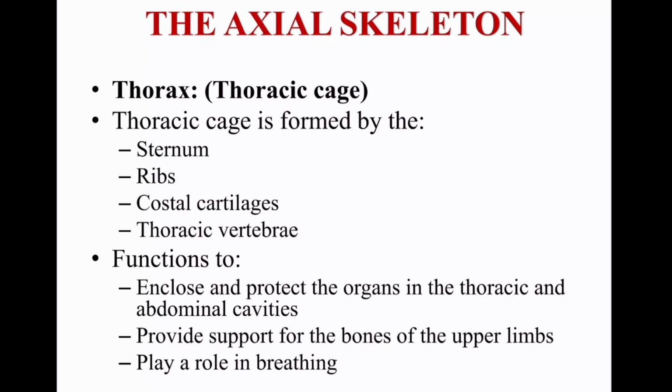Functions: it encloses and protects the organs in the thoracic and abdominal cavities, provides support for the bones of the upper limbs, and plays a role in breathing. It expands and recoils during the breathing process. This is what the thoracic cage is about.